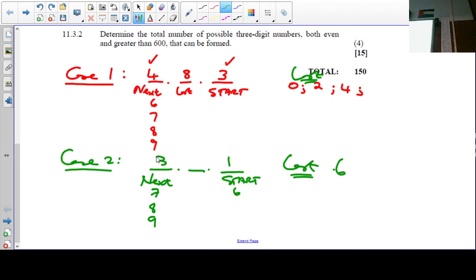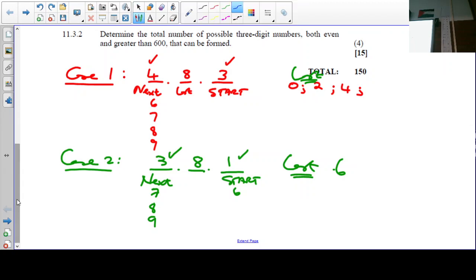Out of the 10 numbers, I chose 1 there, so I have 9 left, then 8 options after placing that value. So for case 2, there are 3 times 8 times 1 such combinations.